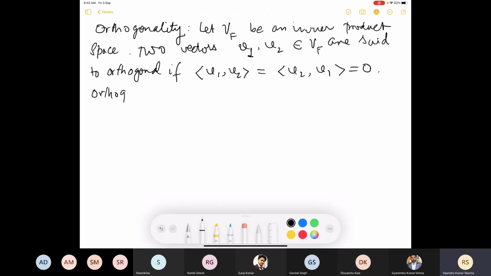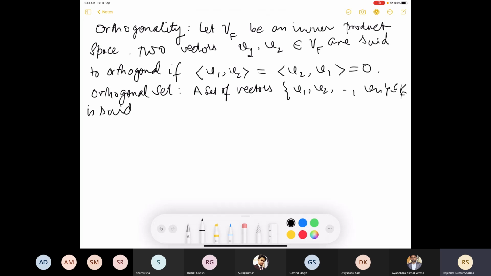So orthogonal set means a set of vectors, say V1, V2, up to Vn in V over F, is said to be an orthogonal set if Vi and Vj are orthogonal to each other for i different from j.